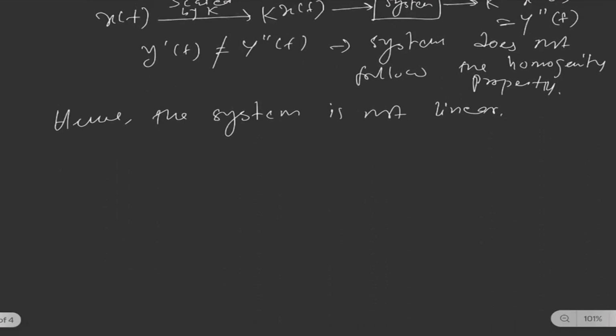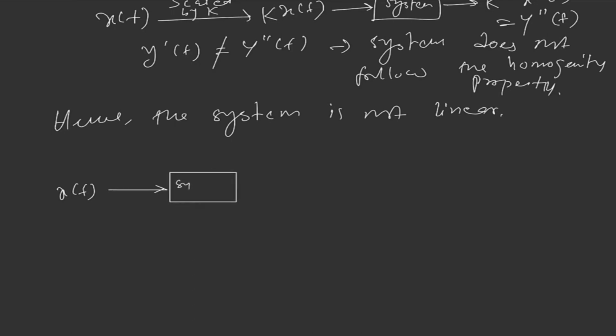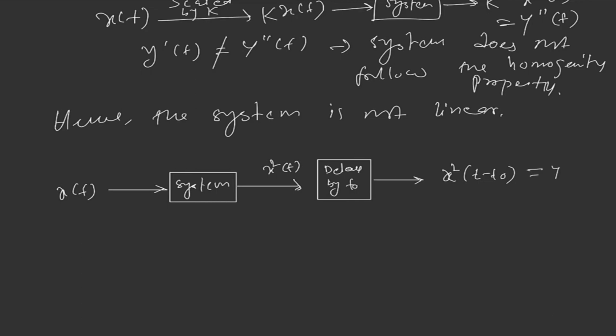Now we'll go to the next part, whether the system is time varying or not. We'll test through the blocks. We have x(t) as a reference input, and I am applying it to the system, and we are getting the output x squared(t), and delayed by t naught, we get x squared(t - t0), or I can write y(t - t0).